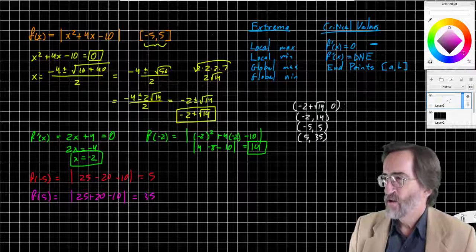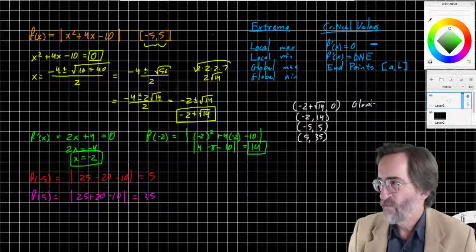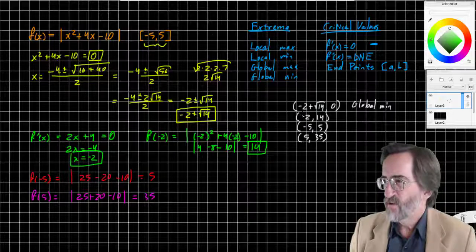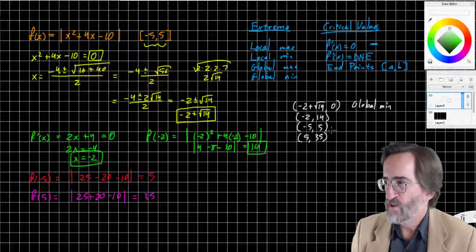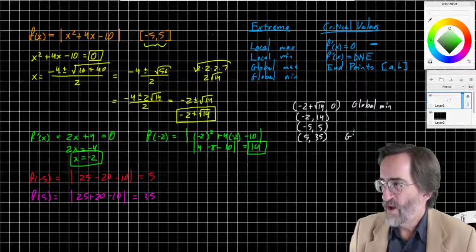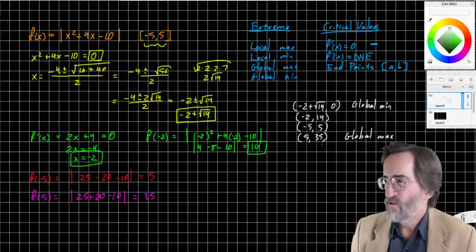If we look at these extrema, here's my conclusion. I have a global minimum at negative 2 plus root 14, because its output is 0. I have a global max at (5, 35).